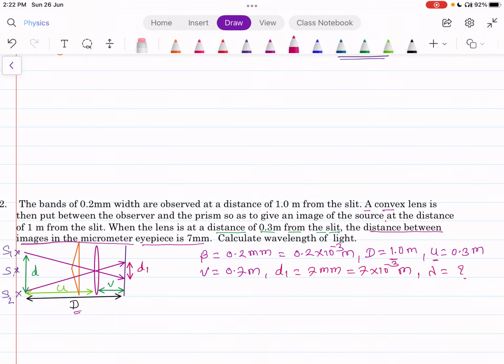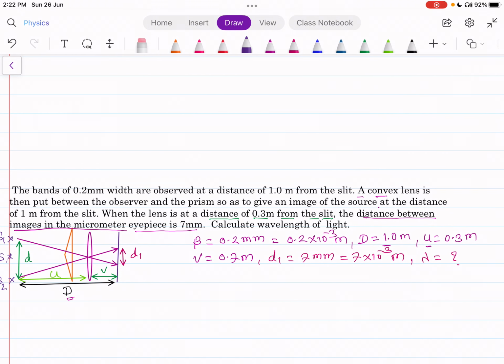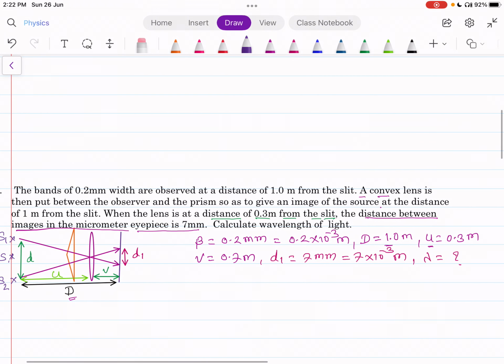The formula which we are going to use in this case is the magnification formula, which is d1 by d equals v upon u. And what we have to find is small d.